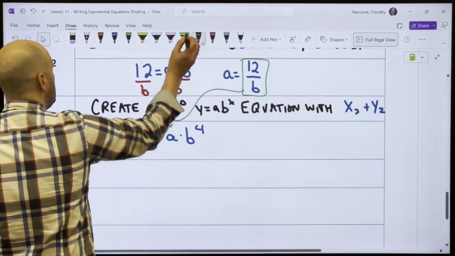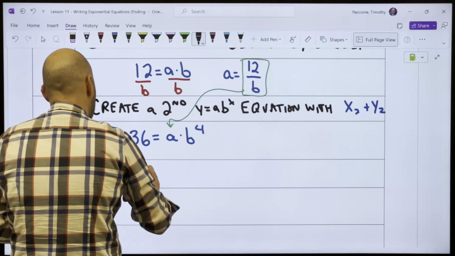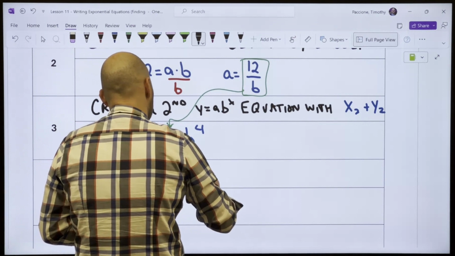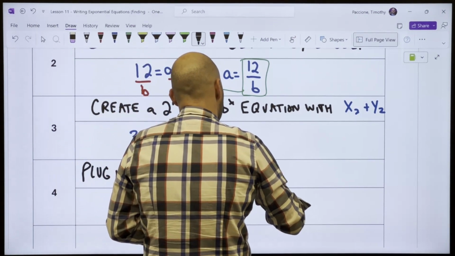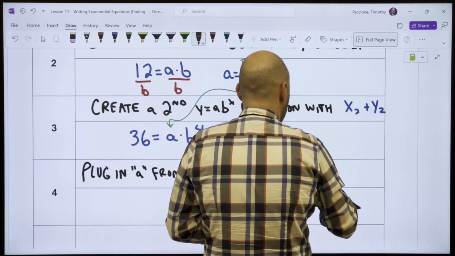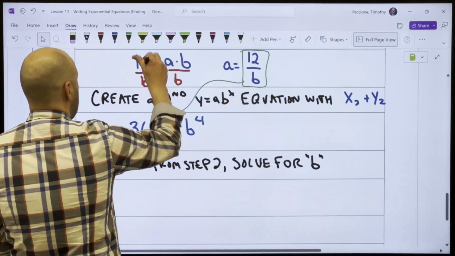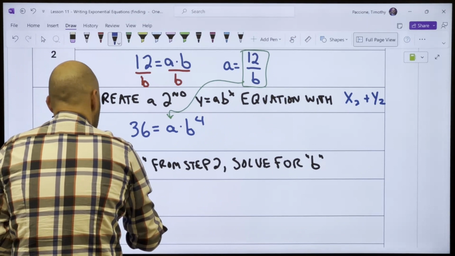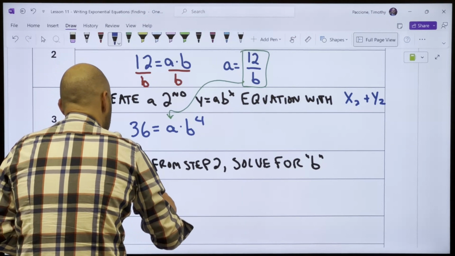So the next step is plug in your a from step 2 and solve for b. Okay? So that means this goes in right here, and I end up with 36 equals 12 divided by b times b to the 4th.